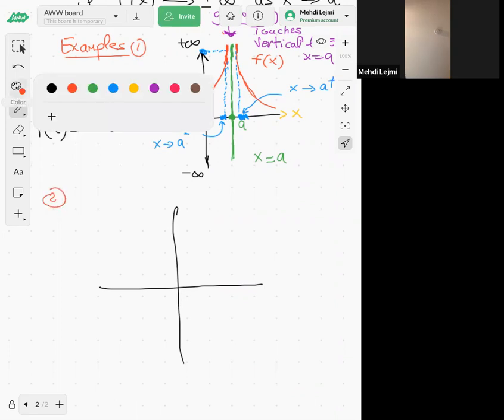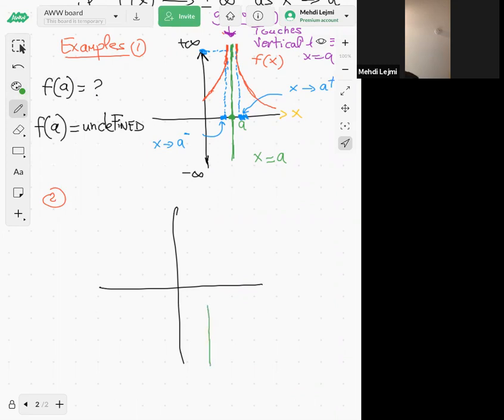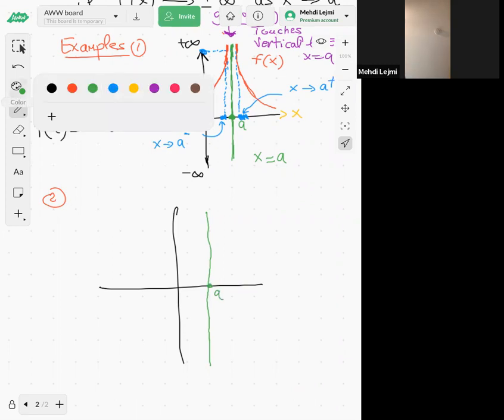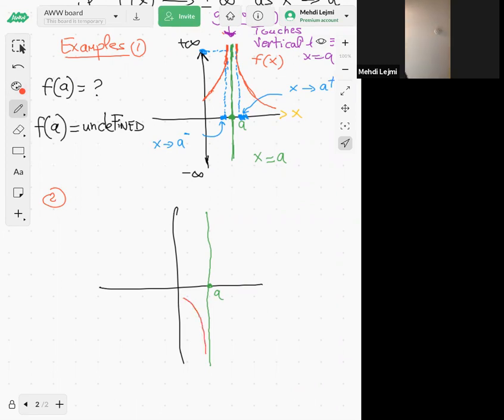So again, I have this vertical asymptote x equal to a. This is my a, right? And then my graph is going to be as close as I want from my vertical line x equal to a, but I never touch the x equal to a, right?